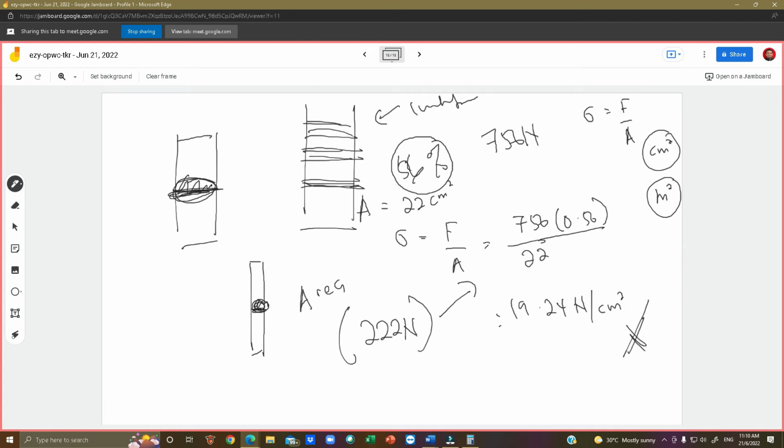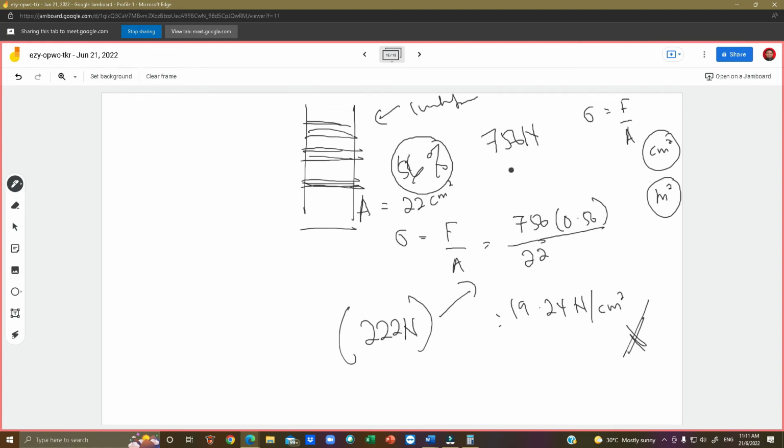Berapa pula beban baru dia kalau dia angkat 222 Newton bebanan? What is the new stress being subjected to the vertebra if the same fella lifting up a barbell weight at 222 Newton. Okay. Berapakah?